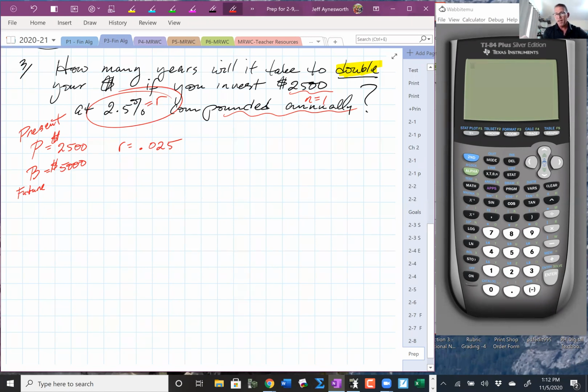Now what we need is the compound interest formula. Who's got the compound interest formula memorized? B is equal to something. We need it right now.